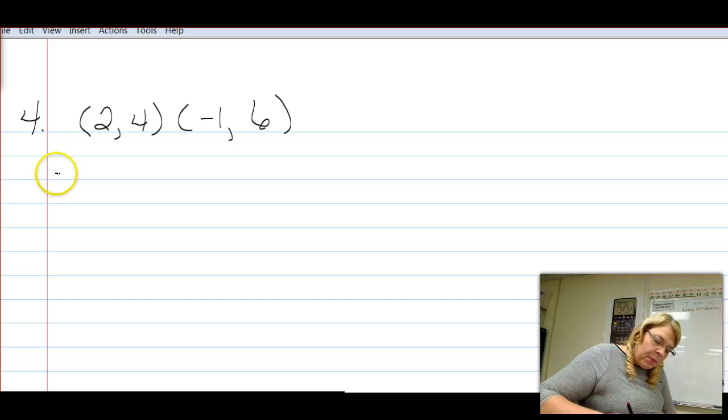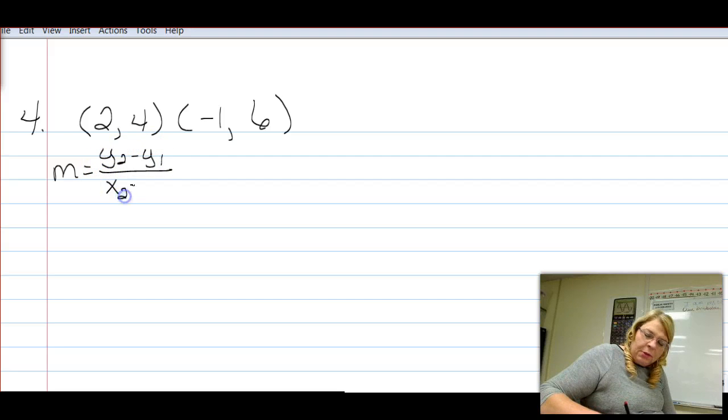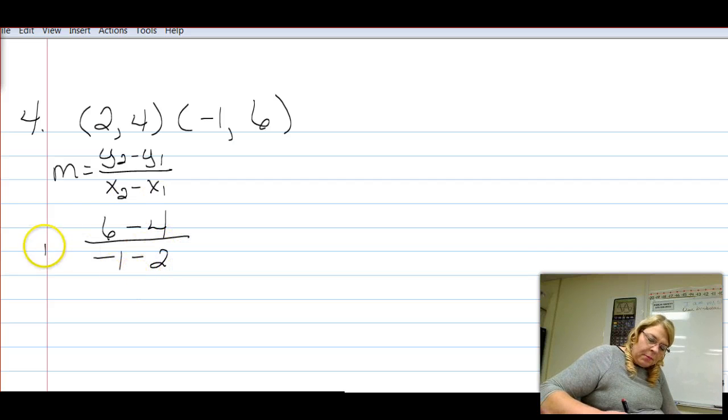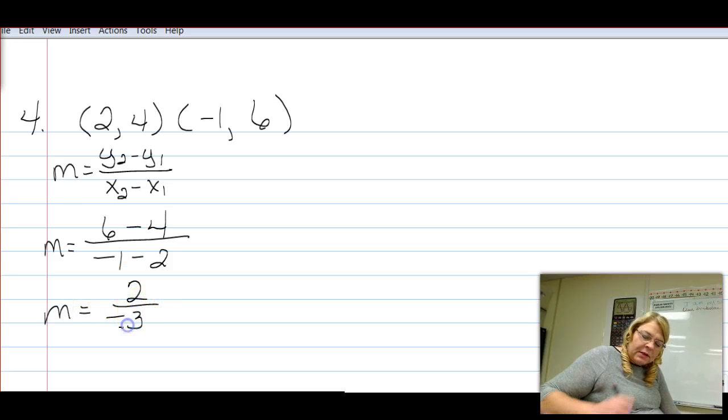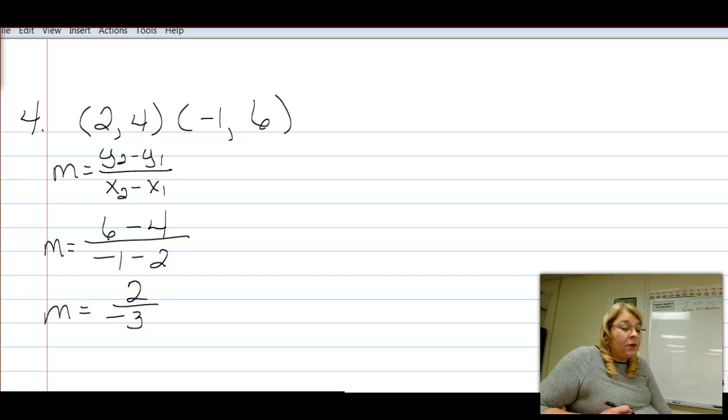So I need to remember that slope is equal to y sub 2 minus y sub 1 over x sub 2 minus x sub 1. I'm going to use 6 minus 4 over -1 minus 2. That gives me a positive 2 over a -3, so my slope is -2/3.